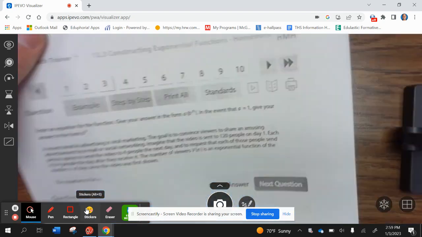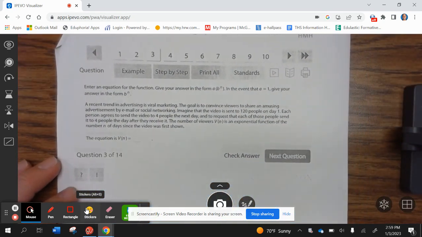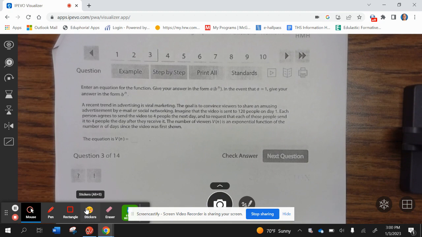All right. Let's take a look at example 3. Enter an equation for the function, giving your answer in the form a times b to the n. In the event that a equals 1, give your answer in the form b to the n. A recent trend in advertising is viral marketing. The goal is to convince viewers to share an amusing advertisement by email or social networking. Imagine that the video is sent to 120 people on day 1.